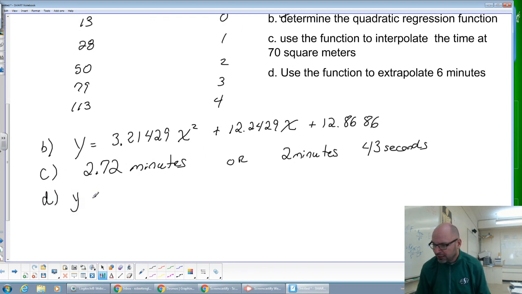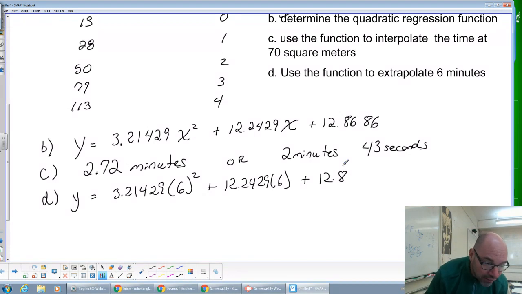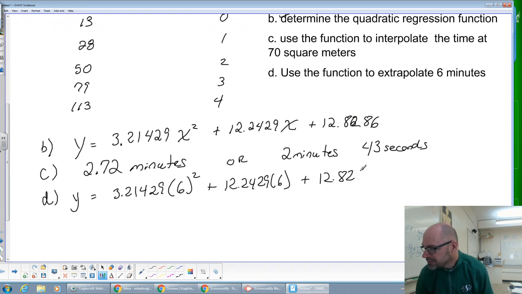We can go y equals 3.21429 times 6 squared plus 12.2429 times 6 plus this and get an answer. Oh, was it 8686? It was 8286. Sorry, guys. So we could do it that way, do a little calculator exercise and get it, or we could just do it on the graph. And we'll do it both ways to see if they match up.